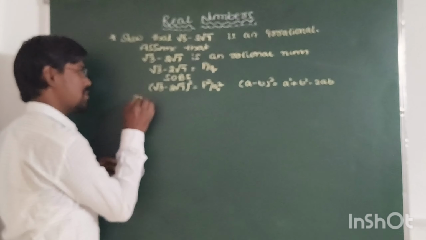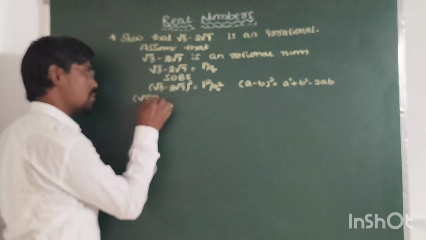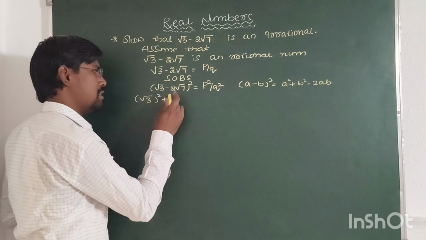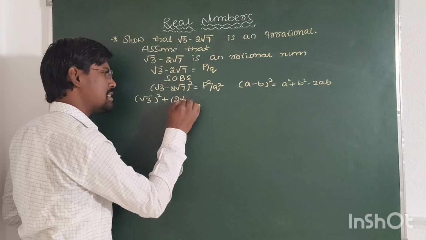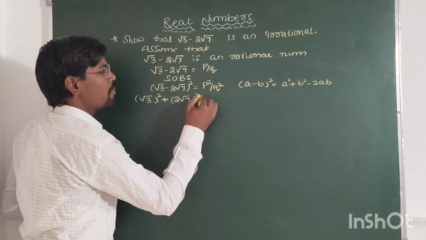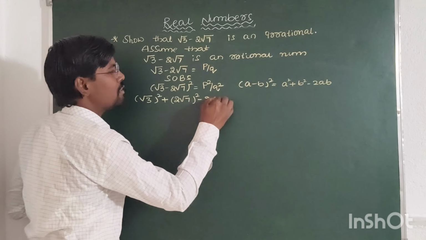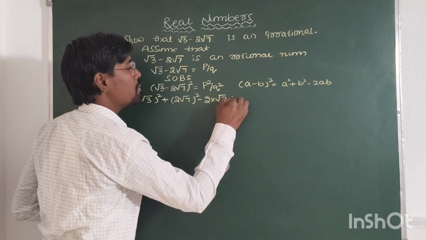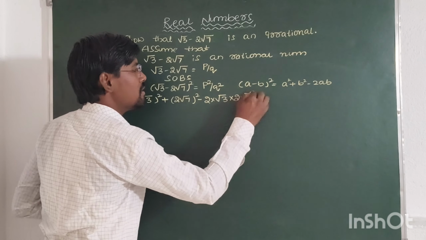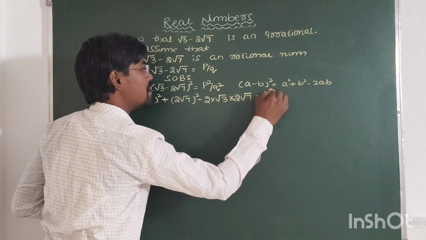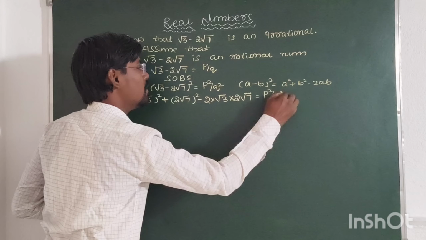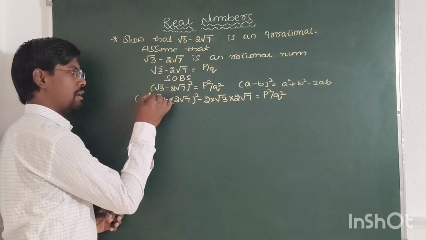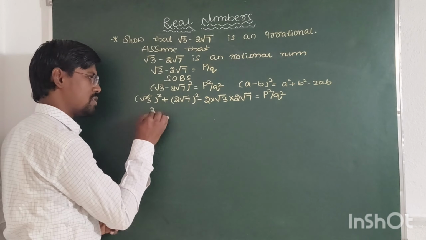Let us expand a minus b whole square: a square is root 3 whole square, plus b square is 2 root 7 whole square, minus 2ab, which is 2 into root 3 into 2 root 7, is equal to p square by q square. Now square and root get cancelled. It becomes 3.